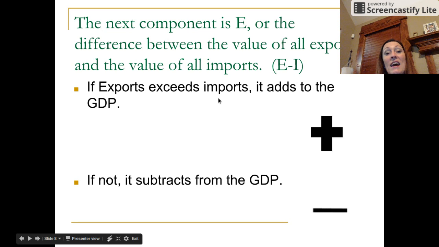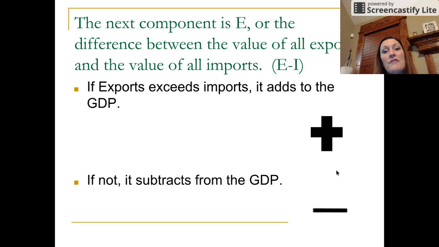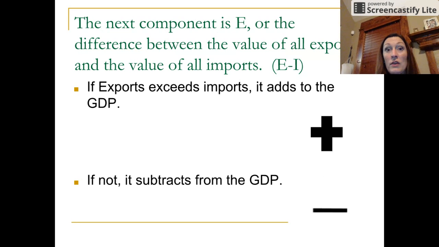So if exports exceed imports, it adds to the GDP, and it would be a positive number. If not, it subtracts from the GDP, meaning if we export, meaning we create stuff and sell it to other countries, if we do more exports than we do imports, then it's going to be a positive number.